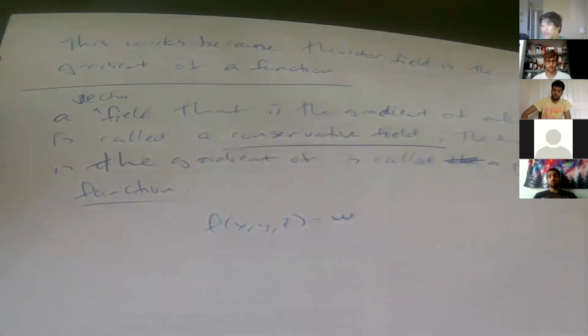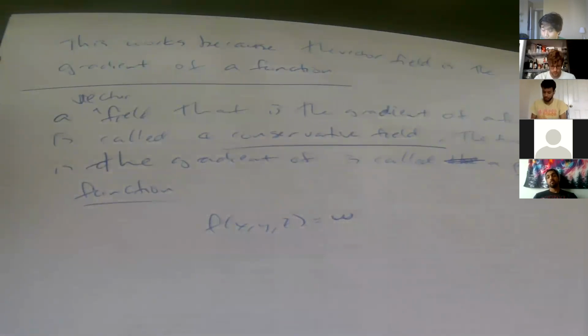The reason this is called a conservative field is because this goes back to an application of conservation of energy, which means that in any system, the total energy is fixed. I can't add or remove energy. So the sum of the kinetic energy and the potential energy is always the same.